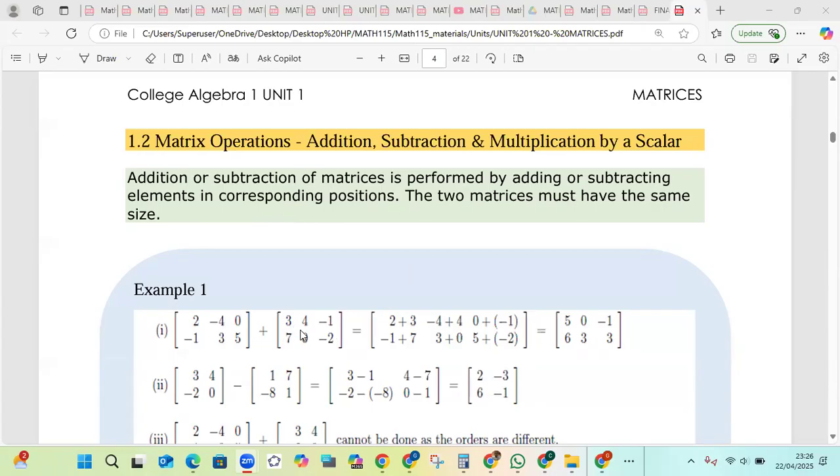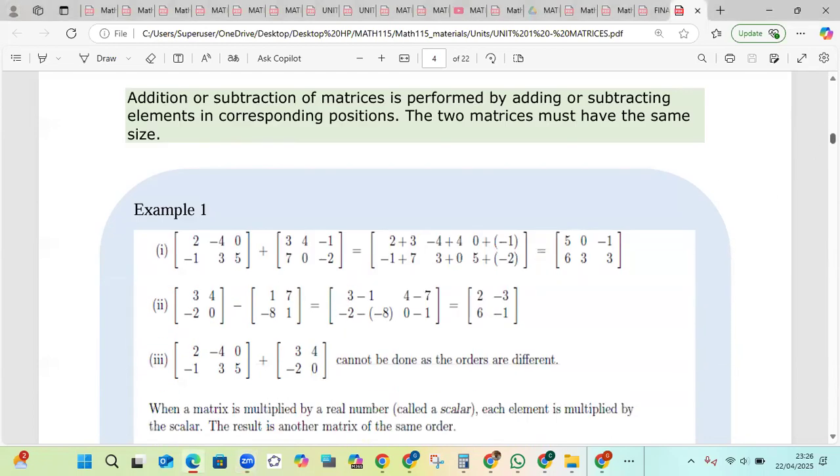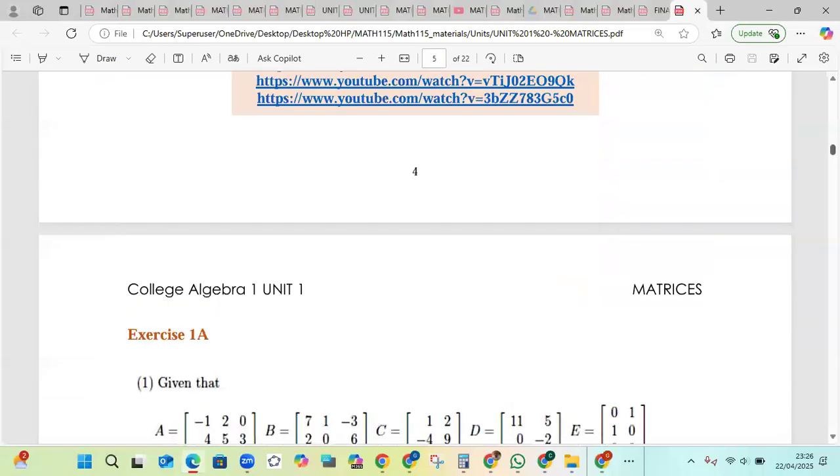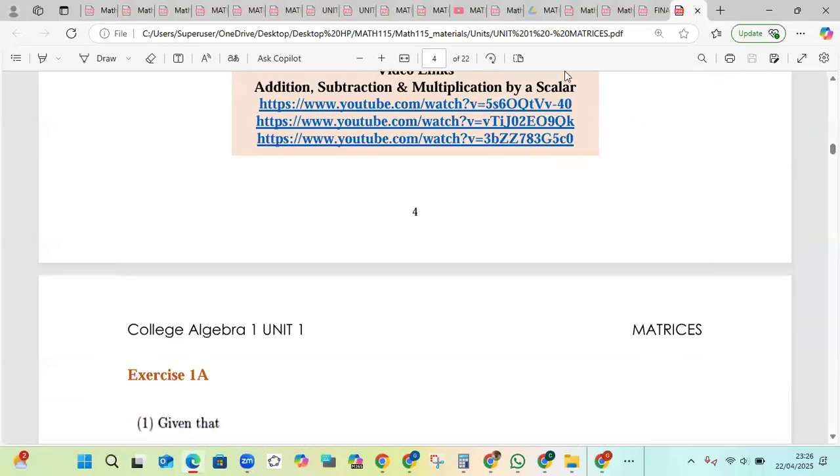In this example 1, if you want to add, this is a 2 by 3 plus another 2 by 3, you add the elements in the corresponding positions. So 2 plus 3 will give us 5. -4 plus 4 will give us 0, etc. So we must include pages 4 to 7 in such a question.